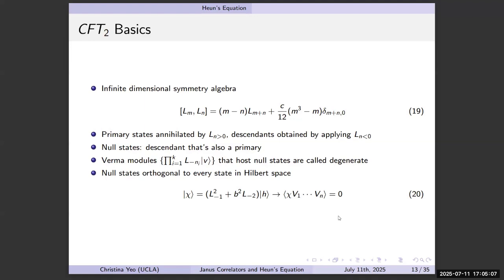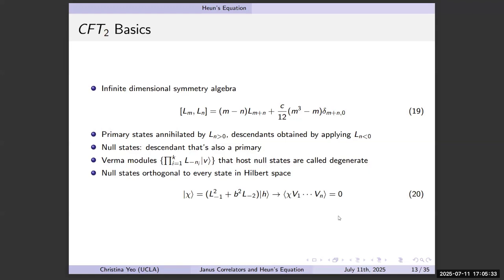So the Ln commutation relation, in other words the Virasoro algebra, follows from the two-point function of the stress tensor, its expectation value. Then you can calculate the Ln commutation relation. Ln is just a component of the stress tensor.